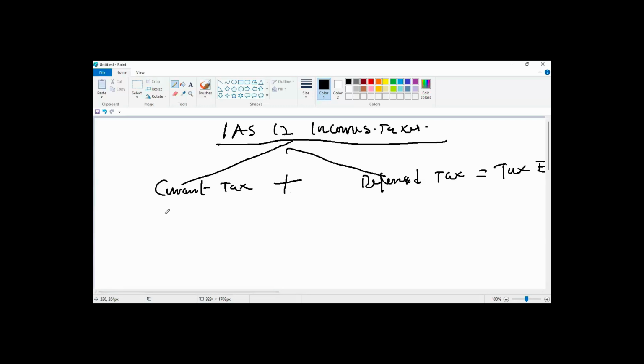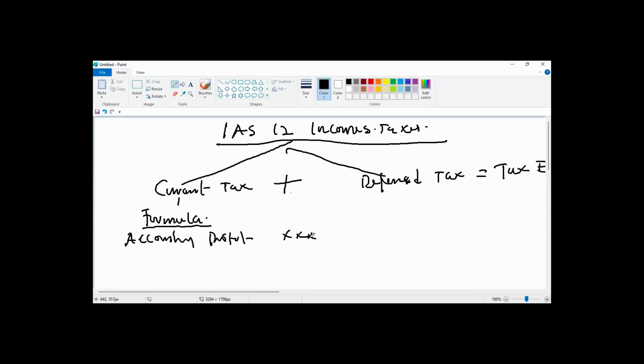And what is the formula we use in calculating current tax? As given by IAS 12, the formula is very clear. It says I must have accounting profit. What is accounting profit? Profit that we derive after deducting all expenses except tax.